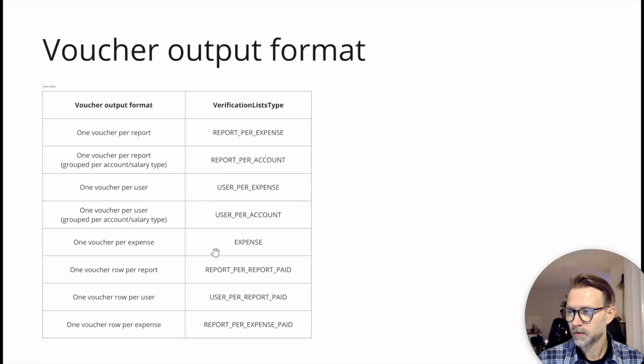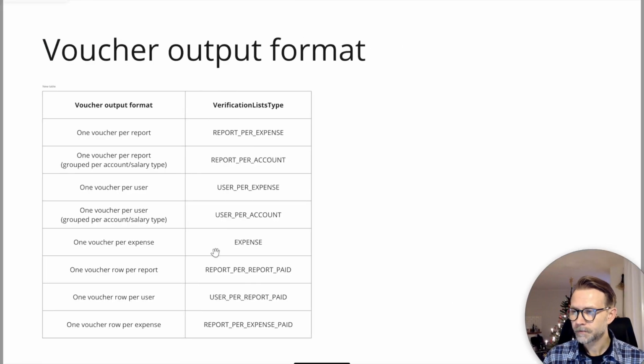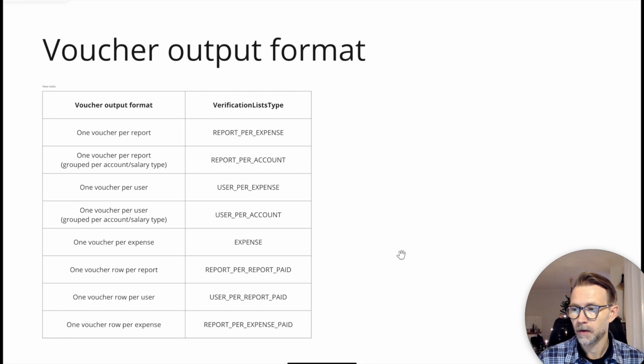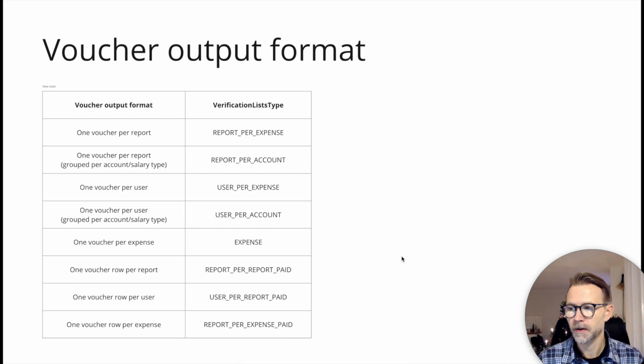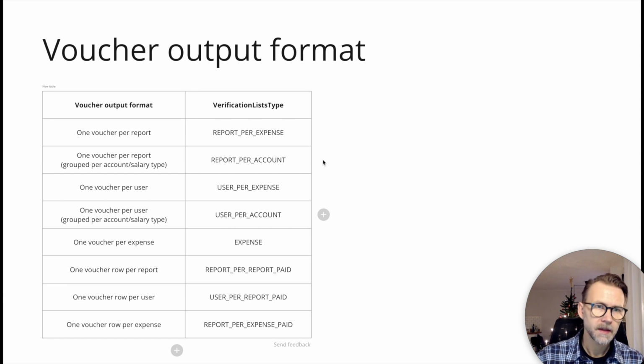So going back to the different options that we have: one voucher per report. They are pretty self-explanatory. We create one voucher per each report. Then we have some possibilities to group. I will show an example of this later on. Since we saw in this example, you get one row per each bookkeeping article line.